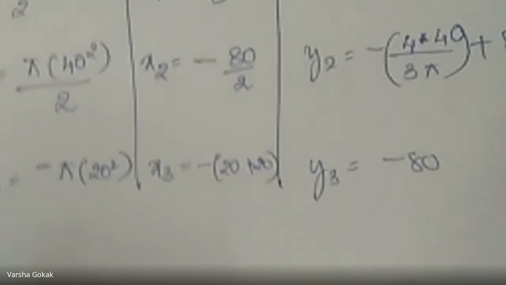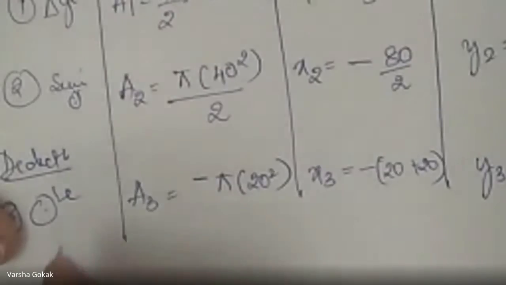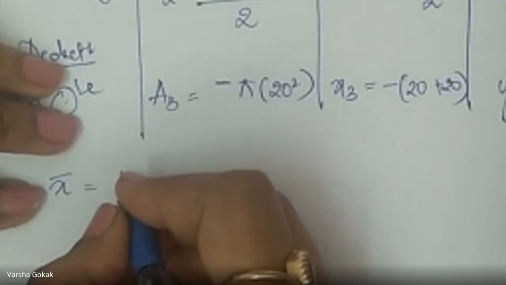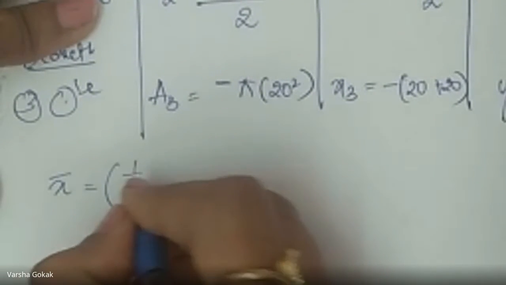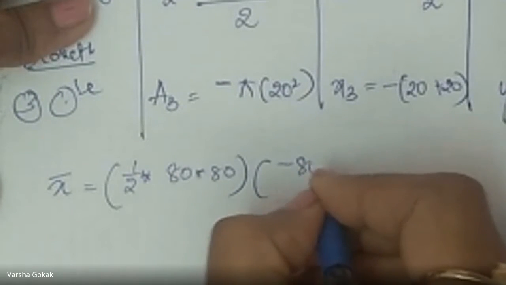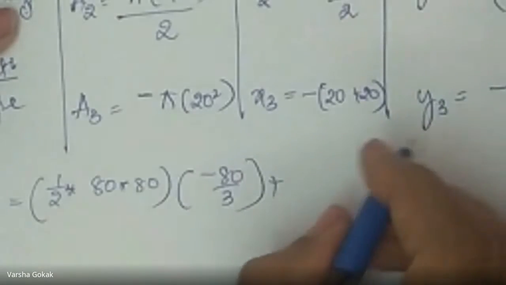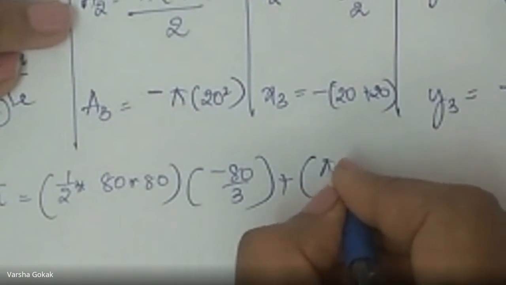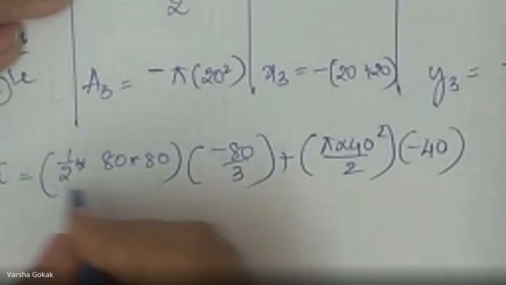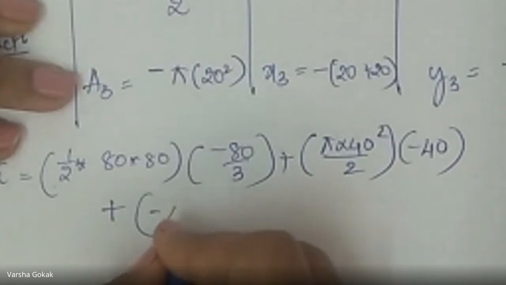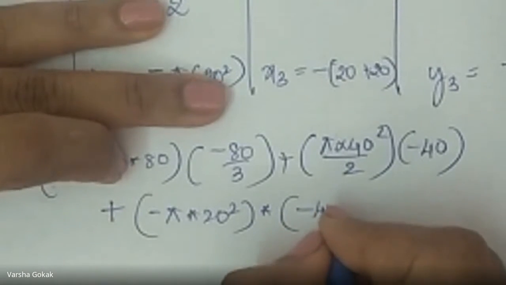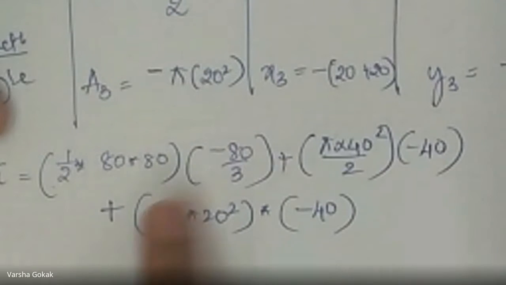We have to substitute now. That is x bar. I will do the substitution and I'll keep it so that for you it will be easy to calculate. X bar equal to a1 x1, that is half 80 into 80, x1 is minus 80 by 3, plus a2 x2, a2 is pi into 40 square by 2, x2 is minus 40, plus a3, minus pi into 20 square, into x3 is minus 40. a1 x1, a2 x2, plus a3 x3.